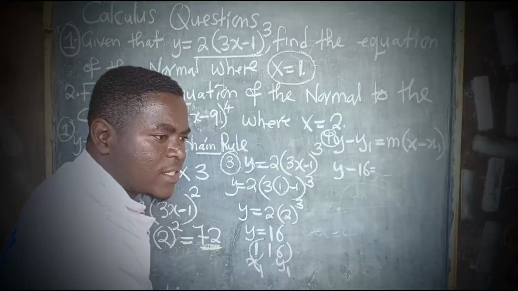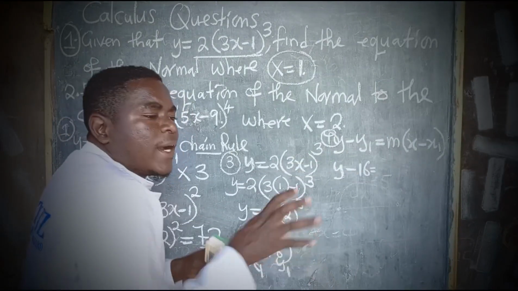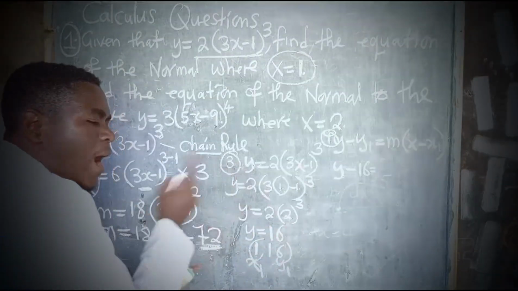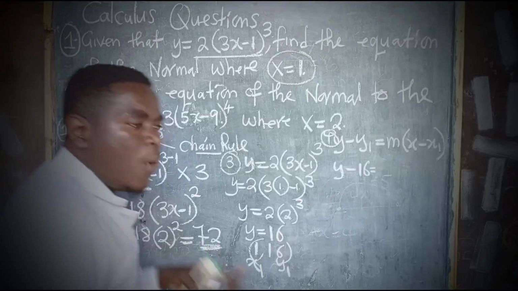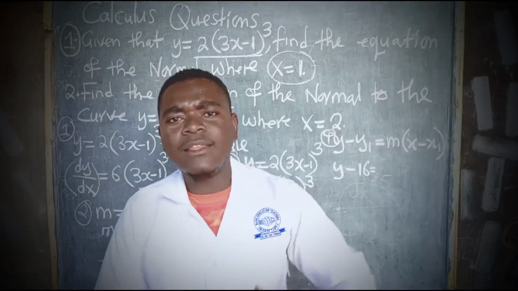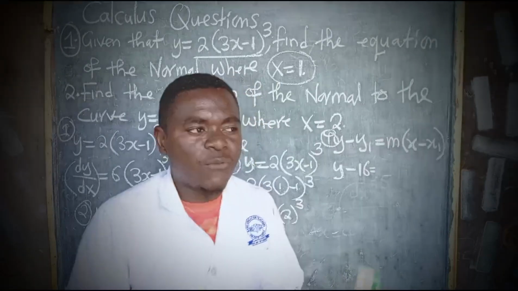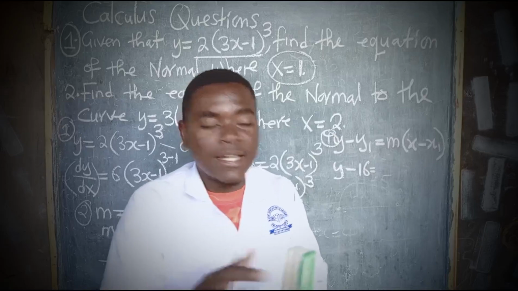If you are finding the equation of the normal, you use gradient 2, where gradient 1 times gradient 2 gives you -1. Why have I said this? The equation of the normal and the equation of the tangent are perpendicular to each other. So if you multiply their gradients, you get -1.